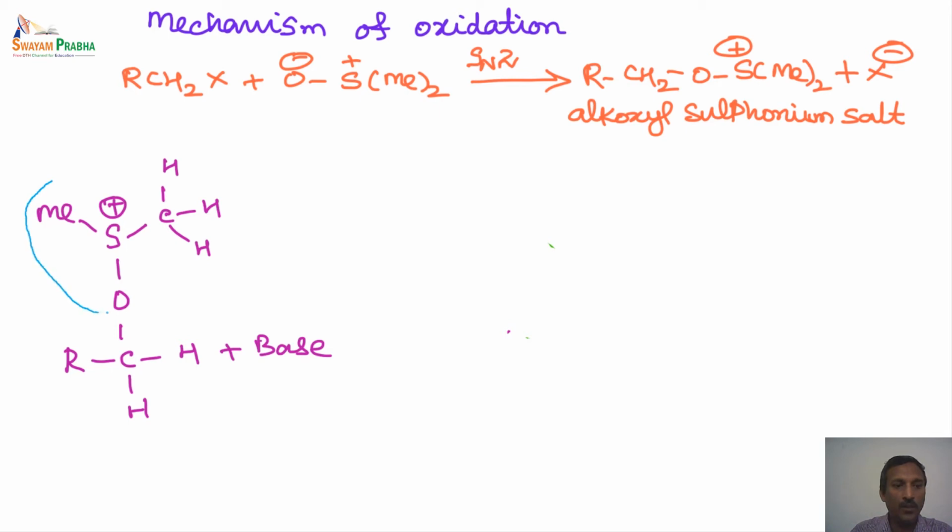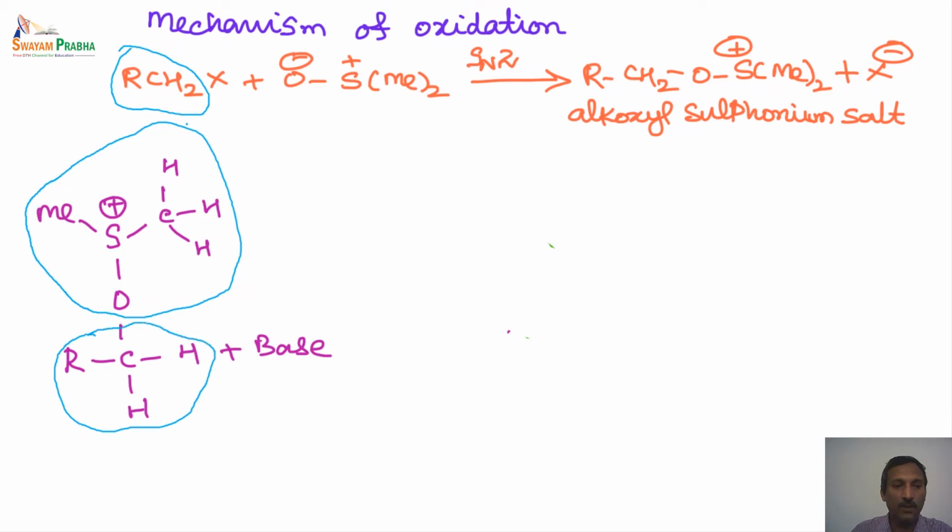So this entire unit is actually from the dimethyl sulfoxide moiety, and the leaving group is actually lost. This part RCH2 is the one which is present here, and this X is nothing but the leaving group which is lost here as shown.